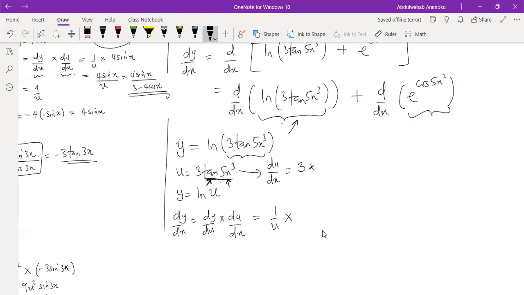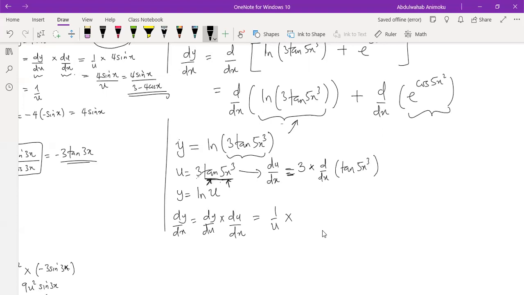at once. So we can take the 3 out because when you have a constant multiplying a function and you want to find the derivative of that function, you need to take the constant out. It doesn't affect the solution. So this becomes 3 times the derivative of tan 5x cubed.